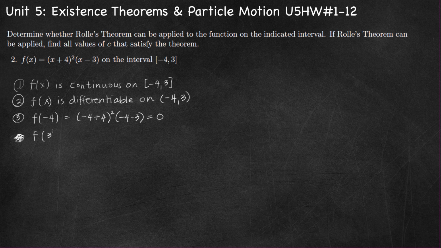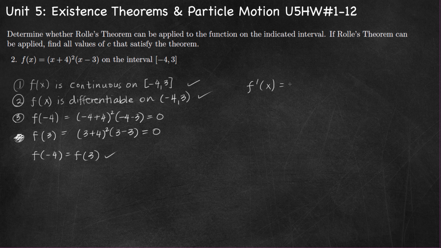So f of 3 equals 3 plus 4 squared times 3 minus 3. That is equal to 0. So we have f of negative 4 equals f of 3. So all three conditions have been satisfied. So Rolle's theorem does apply, and we can find some value c between negative 4 and 3 where the derivative is equal to 0.